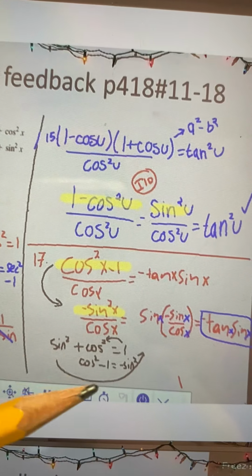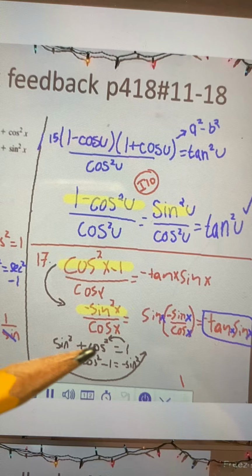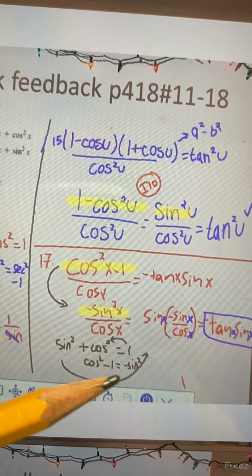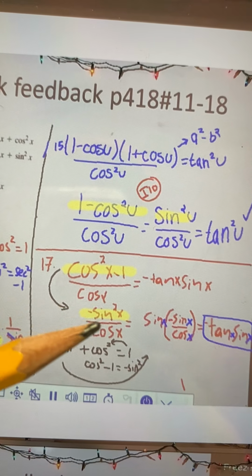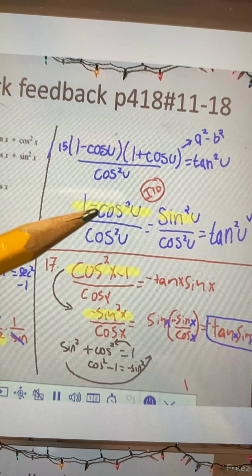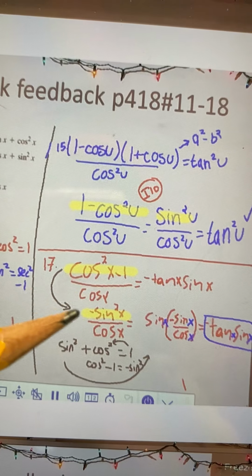I showed you right here how 1 minus cosine squared is sine squared. But if you do cosine squared minus 1, you're bringing the sine squared to the other side, and that's why it's a negative sine squared. So I'm showing you the difference between this, which gives you sine squared, and this, which gives you negative sine squared.